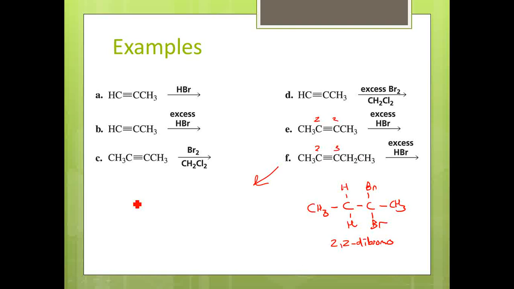Alright, but on F, I have the second carbon, or I have 1, 2, third carbon. Since it's an unsymmetrical alkyne, I end up with 2 products.